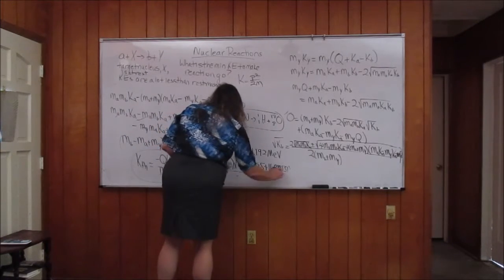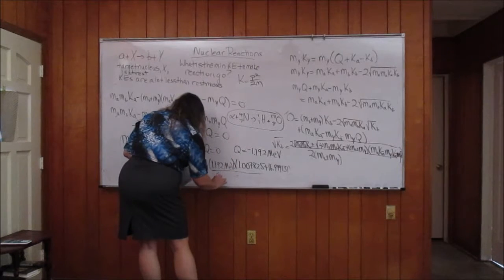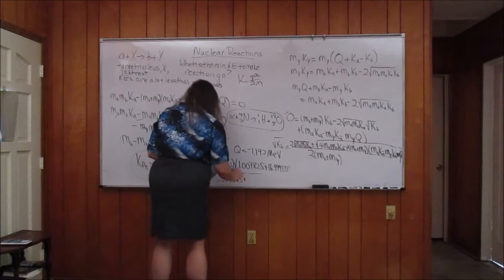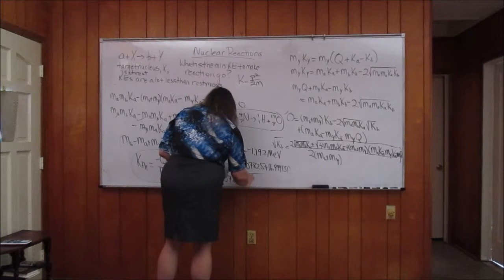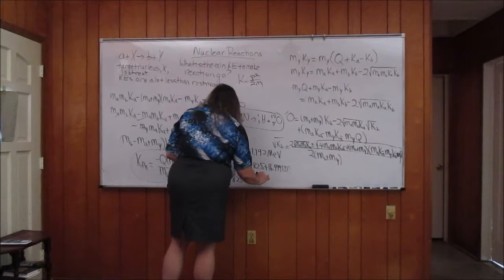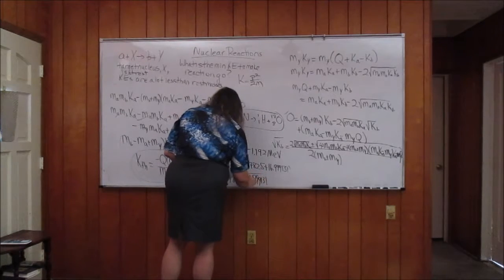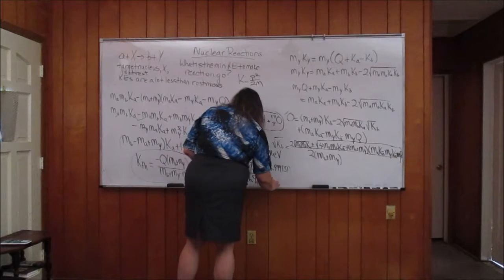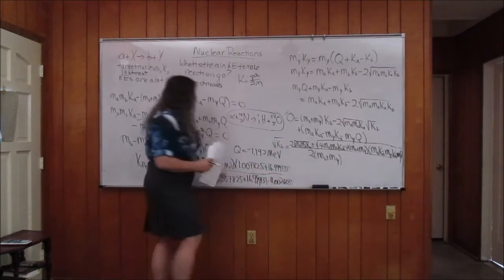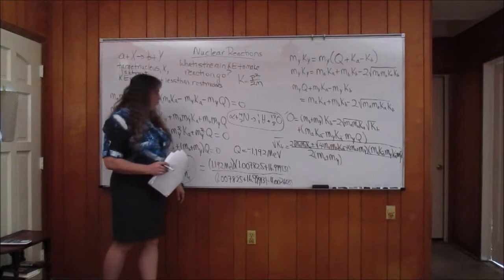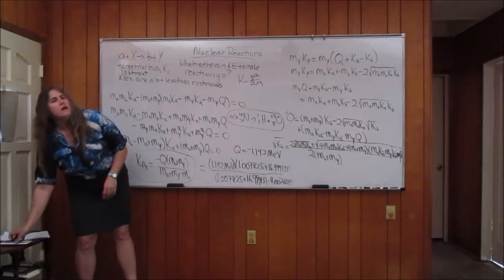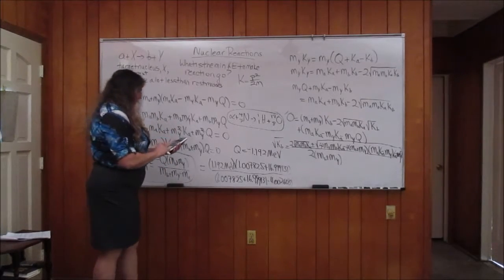And that's all divided by 1.007825 plus 16.999131 minus 4.002603, which is the mass of the helium-4 atom.